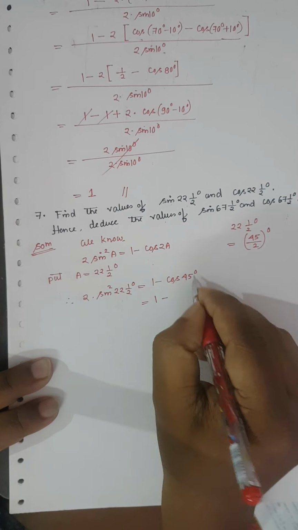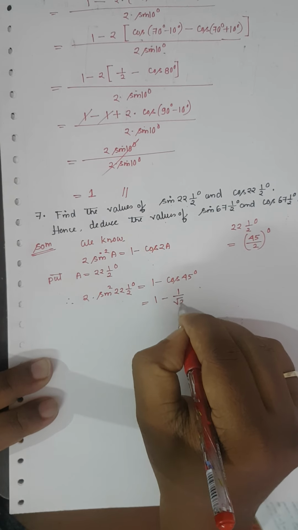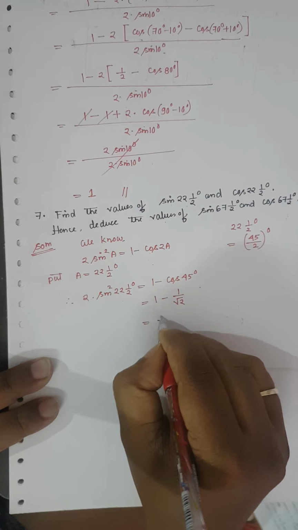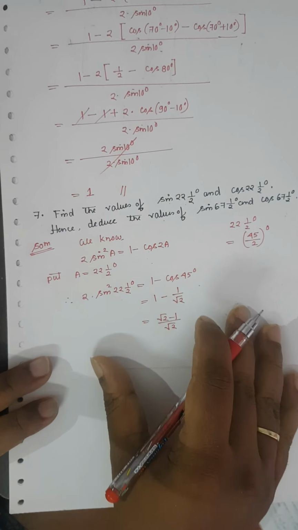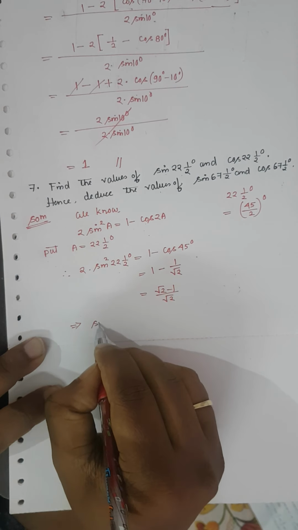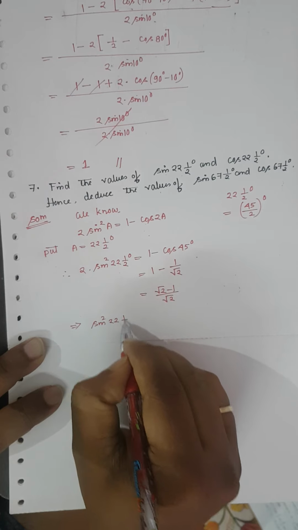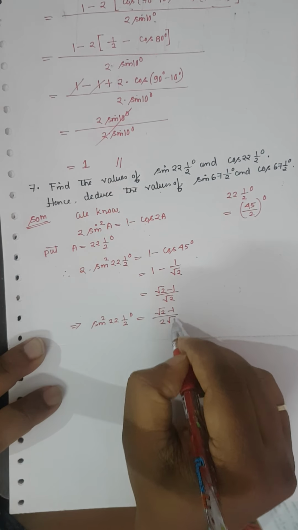What is 1 minus cos 45 degree is equal to 1 minus 1 by root 2. So take LCM, root 2 minus 1 by root 2. Now sine square 22 and half degree is equal to root 2 minus 1 by 2 root 2.